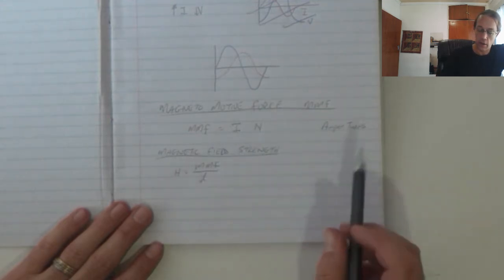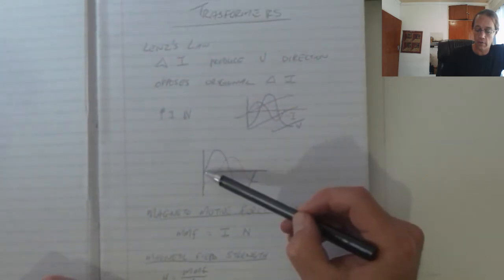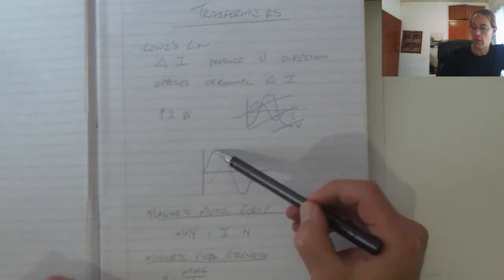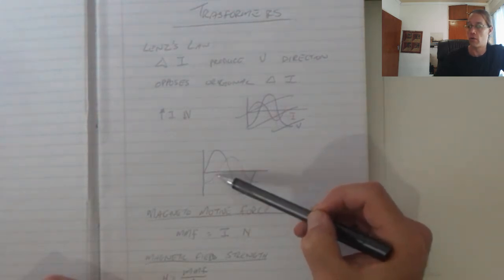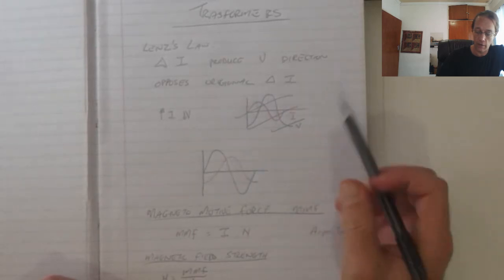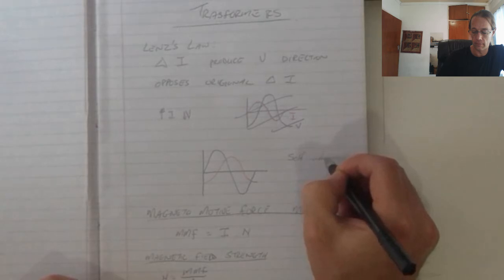Now when we look back here, when this voltage increases, my current wants to increase, but because of the increasing voltage and the generation of the magnetic field, that causes this delay in the current. That is called my self-inductance.